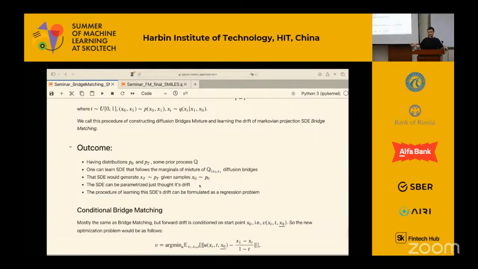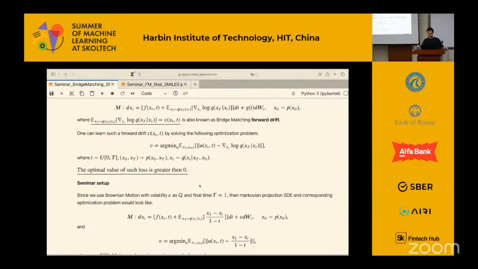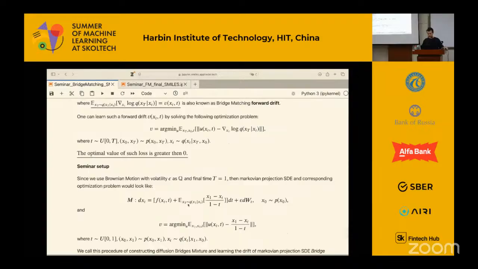And since what we basically learn is a stochastic differential equation, as with the ordinary differential equation, we can parameterize it by just the drift function. So again, let me go over here. Yeah, so we just parameterize this f(xt) plus this expectation and learn it via this xt. And here a square is missing.